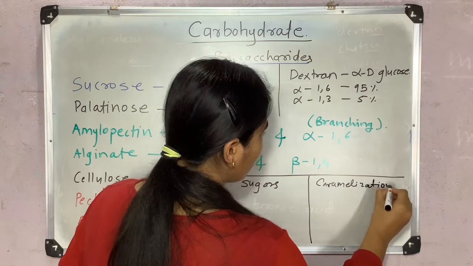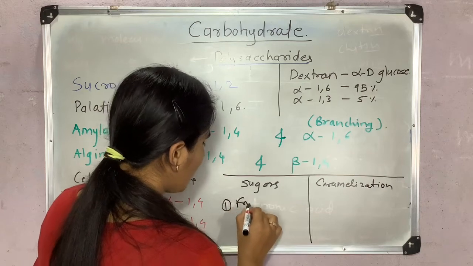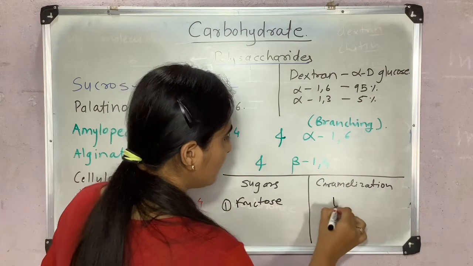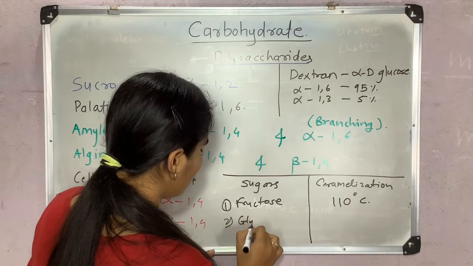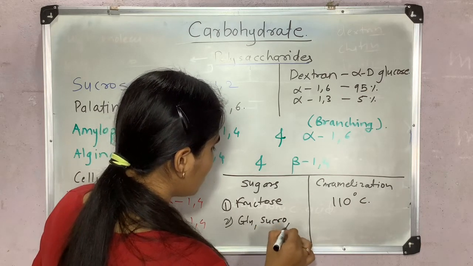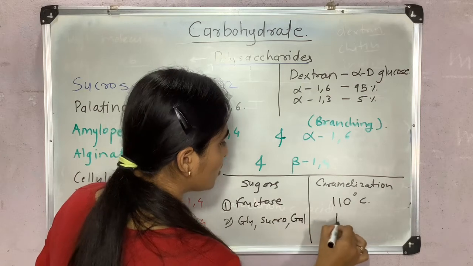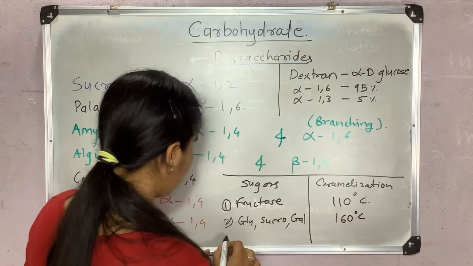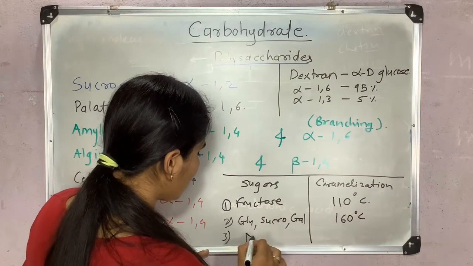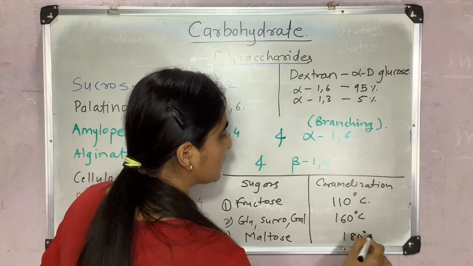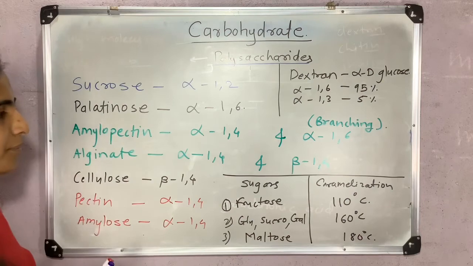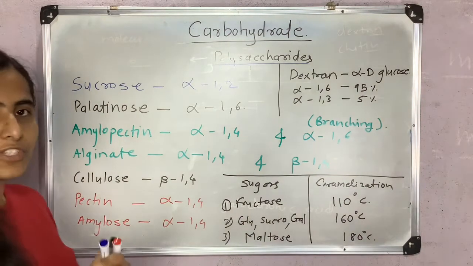First is fructose, which has 110 degrees Celsius caramelization temperature. Next is glucose, sucrose and galactose, which have 160 degrees Celsius. And the last one is maltose, which has 180 degrees Celsius caramelization temperature. Remember this.